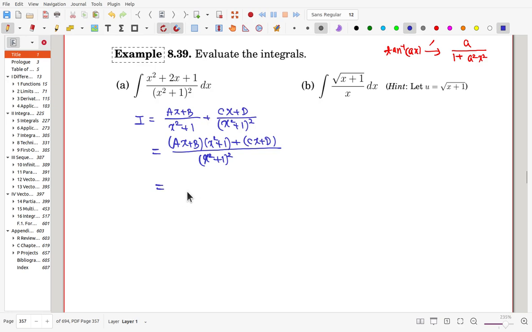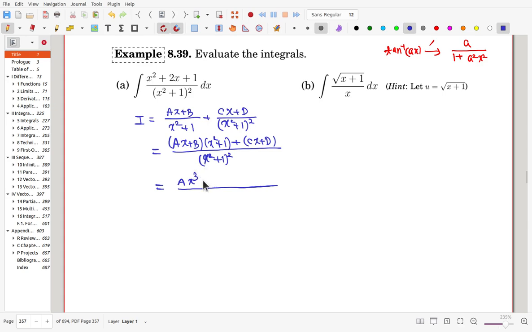Now let's try to get the coefficient of x cubed. From the first one, only a gives the ax cubed, so a must be 0, since there's no cubed term.